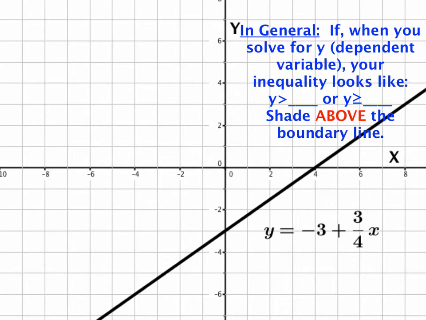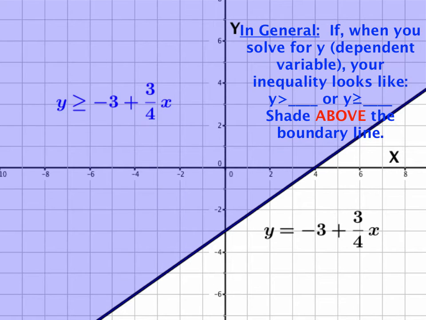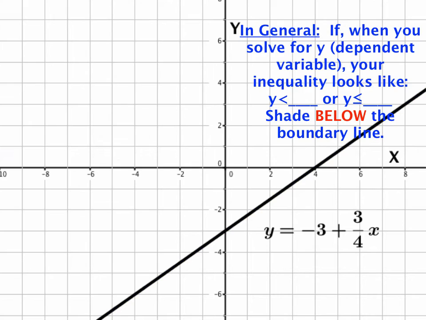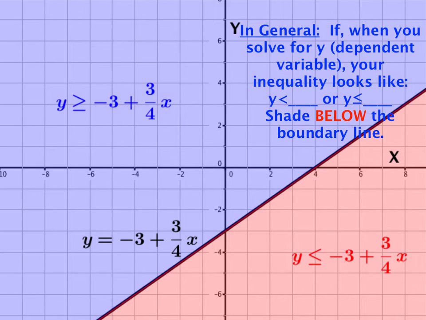And in general, if when you solve for y, your inequality looks like y is greater than, or y is greater than or equal to, shade above the boundary line. And of course, this is true whenever you solve for your dependent variable, whether or not it's y. And if your inequality looks like y is less than, or y is less than or equal to, we'll shade below the boundary line.